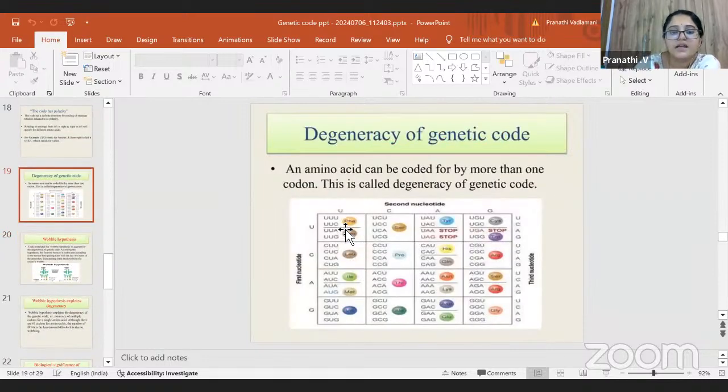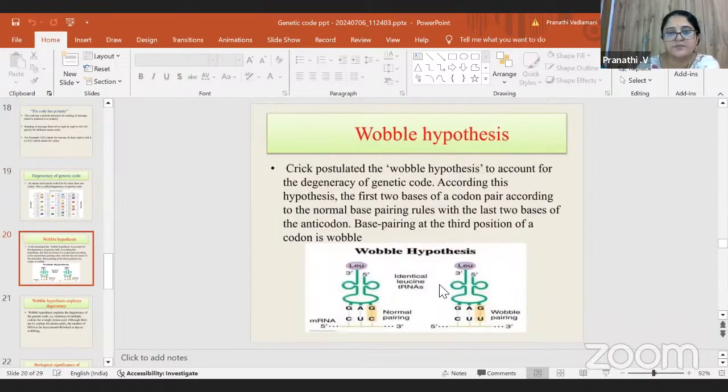Also, if the first and second nucleotides are the same, the third nucleotide, even if it is different, will still code for that same amino acid. But if the first two are changed, then the codon will code for a different amino acid.